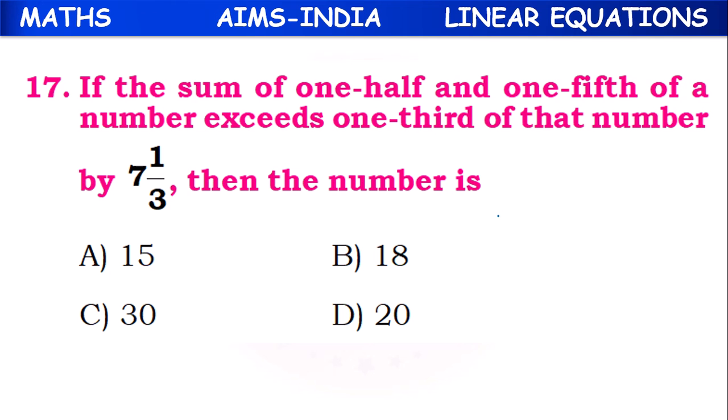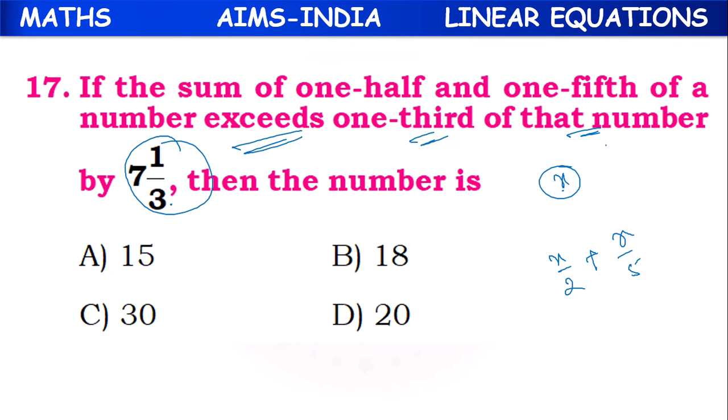Just suppose the number is x. 1/2 means half part of x, 1/5 is the fifth part of x. Their sum exceeds, means is more than, 1/3 of that number by 7 1/3.